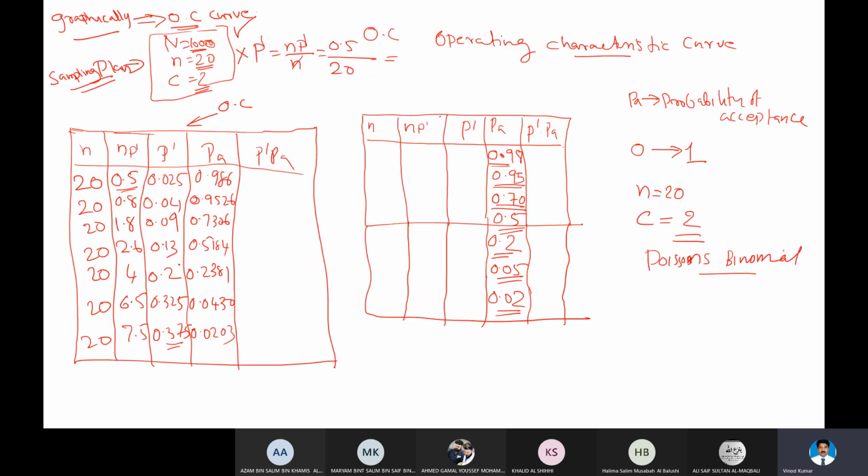What are the P dash values here? P dash is fraction defectives.